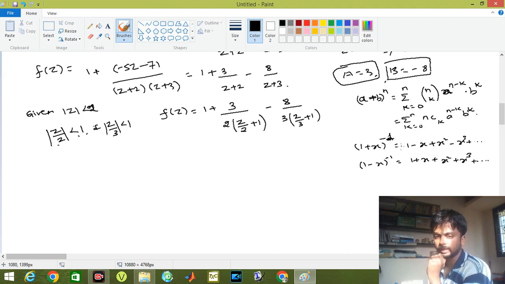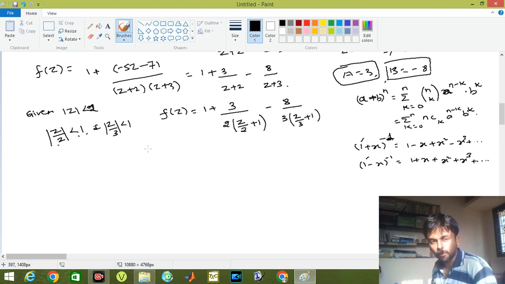Here n is minus 1, here also n is minus 1. Here I have two terms, one is a and x is b; one is a and minus x is b. In such a way we can get a binomial expansion of anything. In any case I have one term as my 1, which makes the expansion much easier.